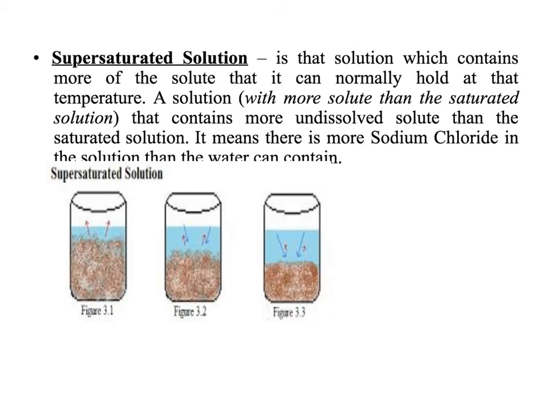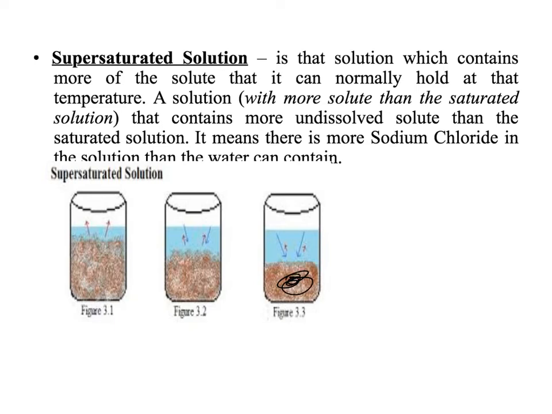While the supersaturated solution is that solution which contains more of the solute than it can normally hold at that temperature. It's a solution with more solute than the saturated solution, containing more undissolved solute. So here there is more sodium chloride than the solvent can contain.